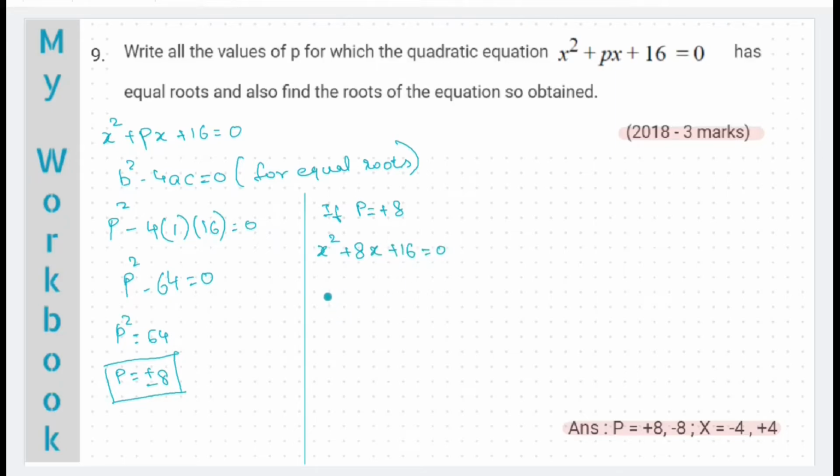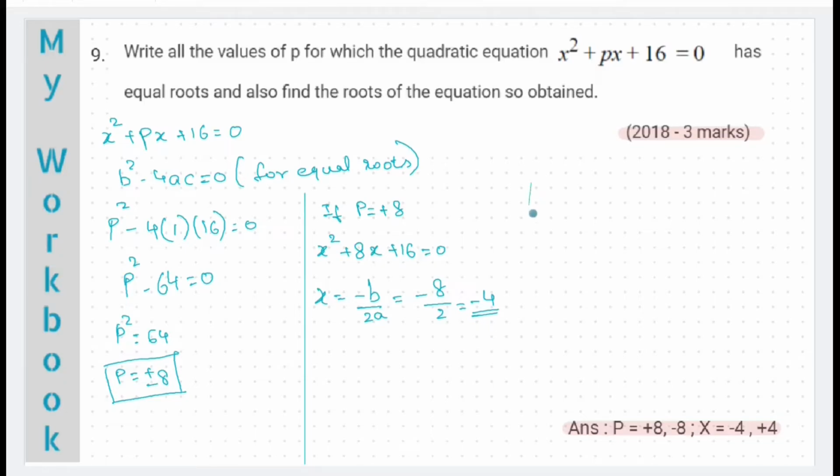So since the condition is that the roots are equal, the roots are given by minus b by 2a, which is minus 8 by 2, that is minus 4. So for this equation, when p is equal to plus 8, the root is minus 4.